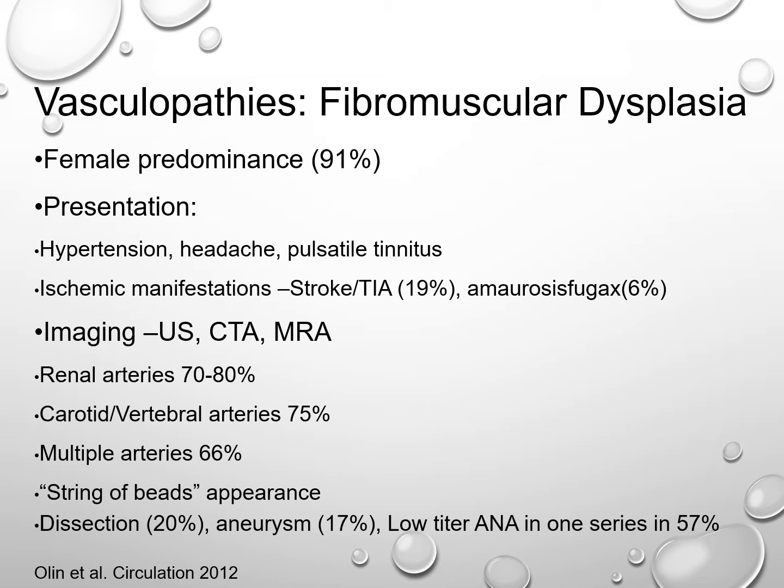Unfortunately, they end up with dissection and aneurysm, multiple aneurysmal dissections, which are not common in vasculitis. If you have multiple aneurysmal dissections, it should draw your attention toward fibromuscular dysplasia. And be aware that those females may have a low titer of ANA, so they can easily be diagnosed as lupus vasculitis.